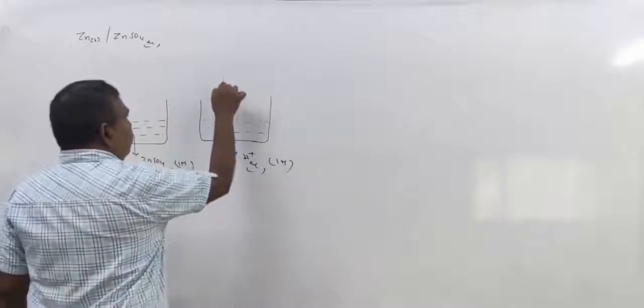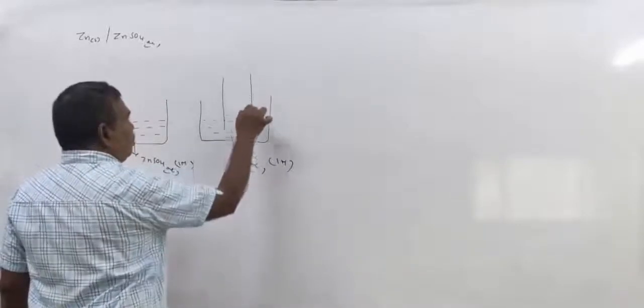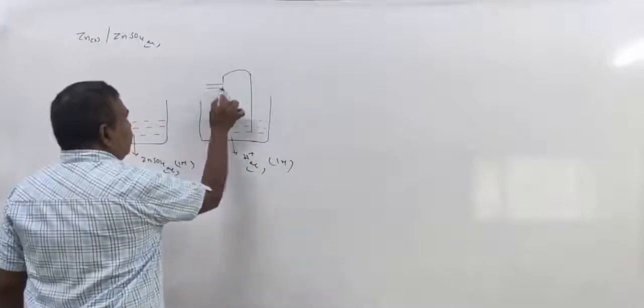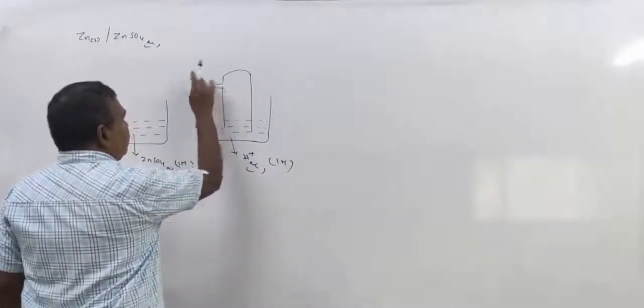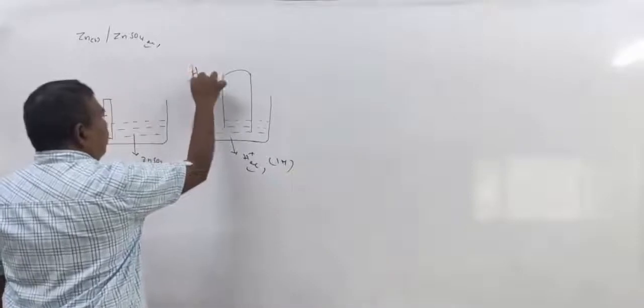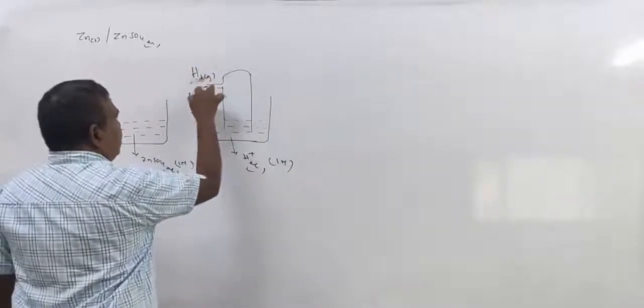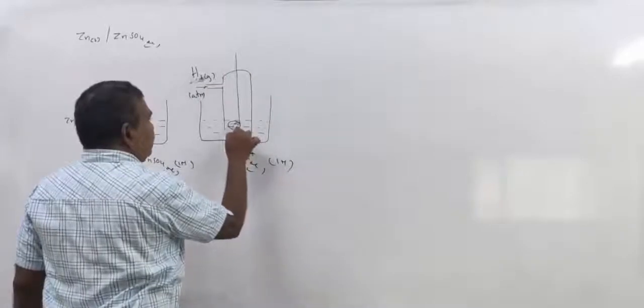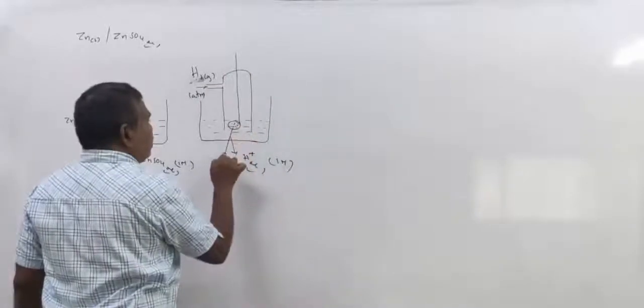Now, this is a glass jar for hydrogen gas, 1 atmosphere, platinum wire, platinum disc, hydrogen molecules are inserted here.